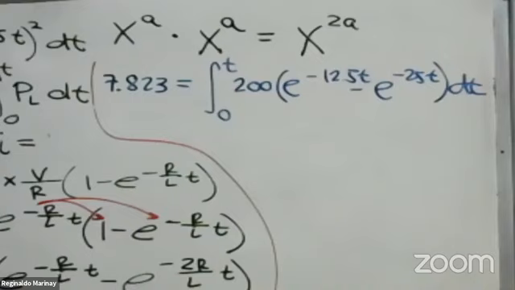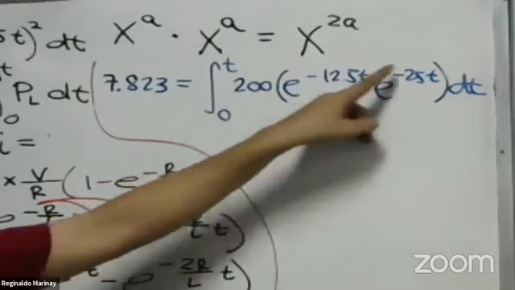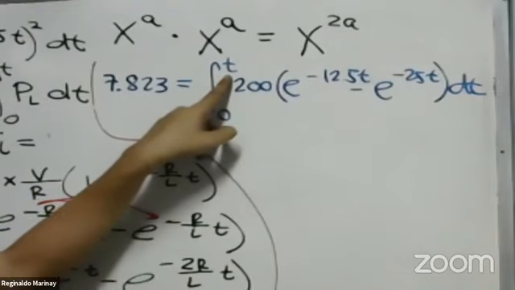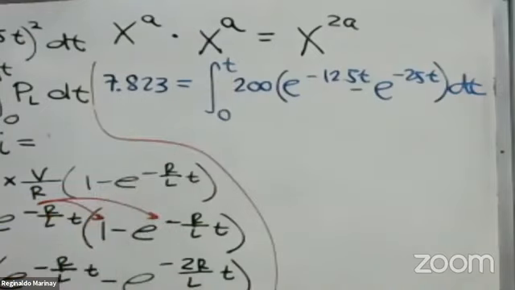Now, the question, we already have the energy. In your calculator, you just have to input everything here. You replace that t by x. Now, take a look here in our PowerPoint.